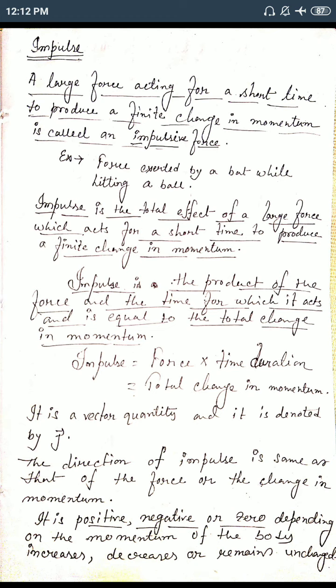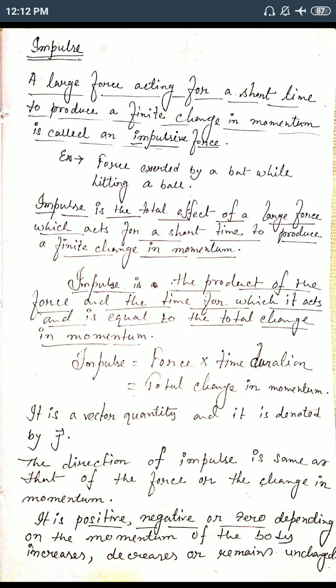It is a vector quantity, keep that in mind. We know that force is a vector quantity, so impulse is also a vector quantity, and it is denoted by J vector. Normally force is denoted by capital F, but impulse is denoted by J.